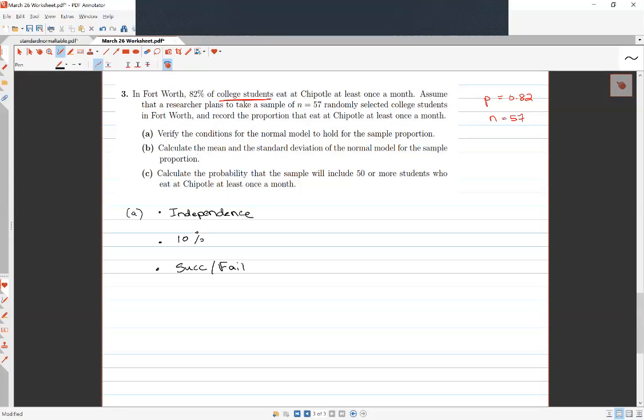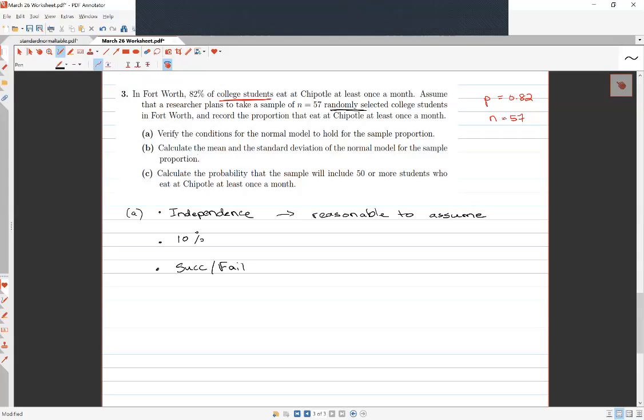Now, if you see the word randomly, that is often a kind of surrogate word for independent because it means they're not chosen in any systematic kind of way. So independence can reasonably be assumed because we're doing this random selection.